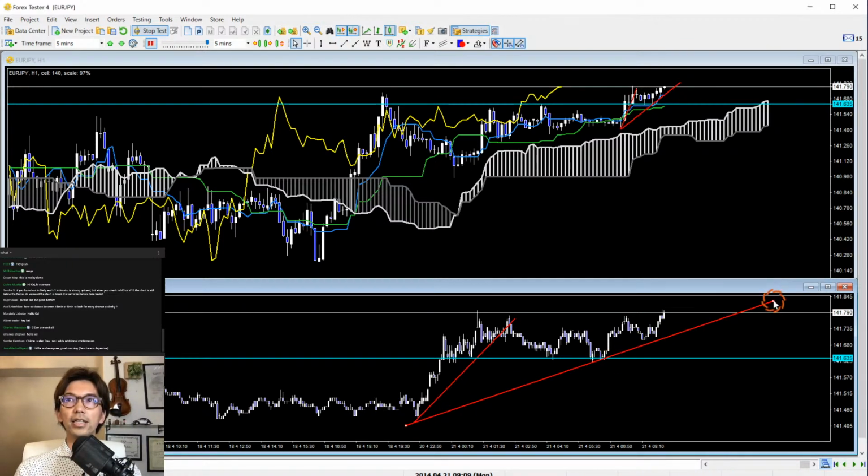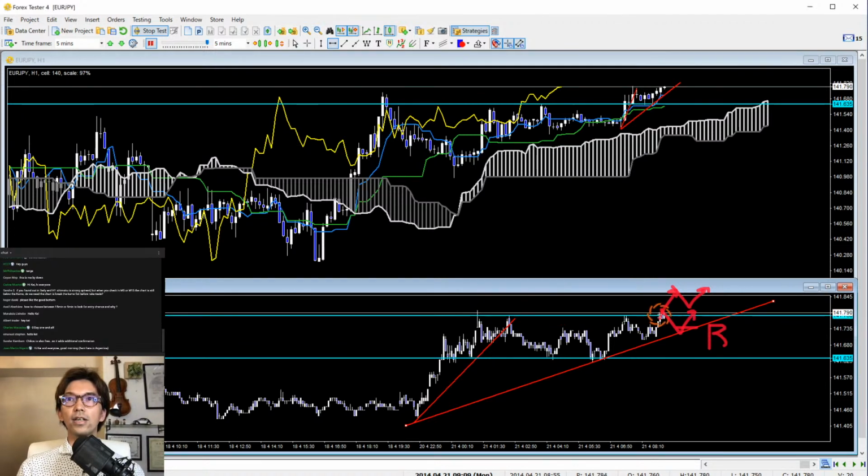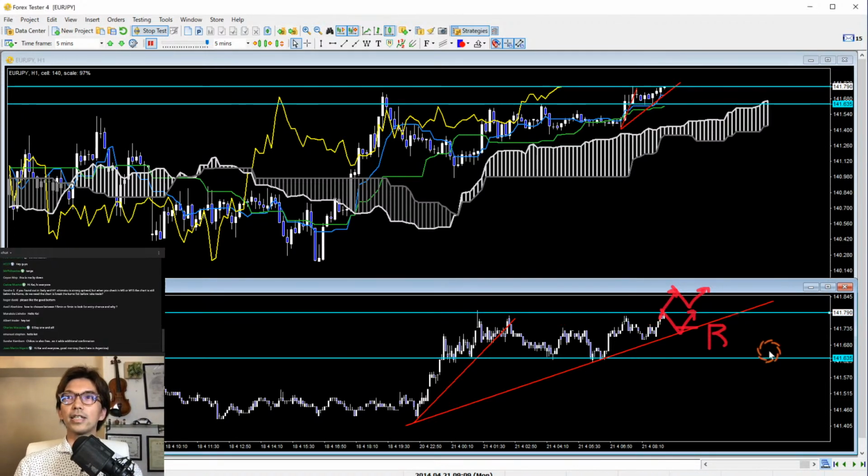So if the price comes all the way down here, then I will take a buy. Until then, I just wait for it. If it breaks upwards, then I will wait for the next pushback after the reversal of this horizontal line here.